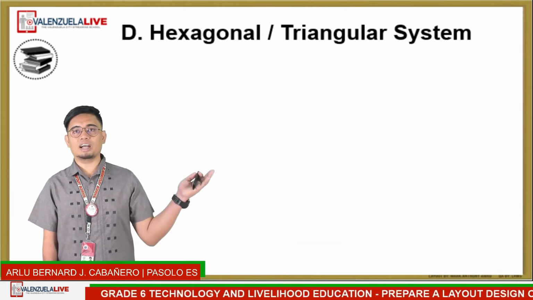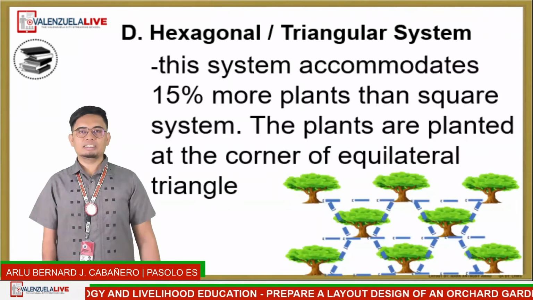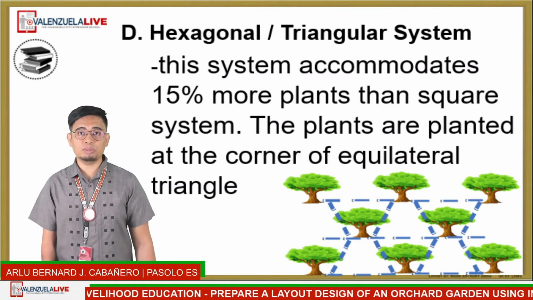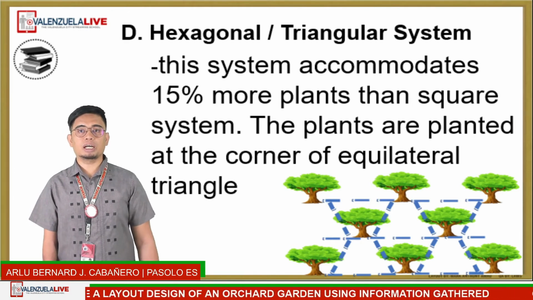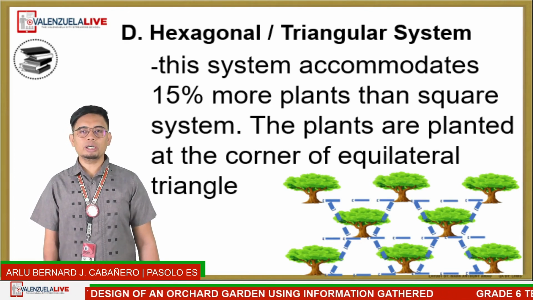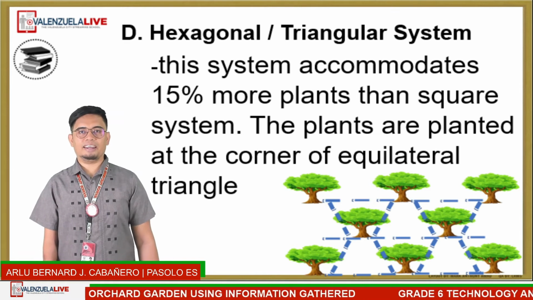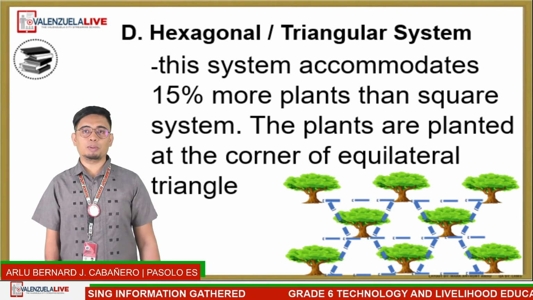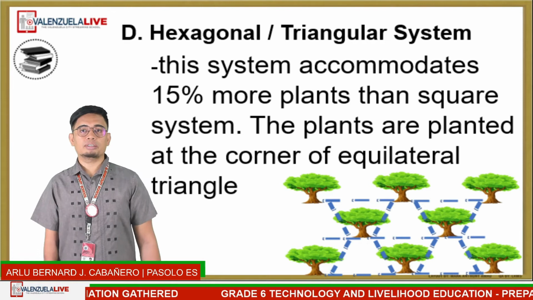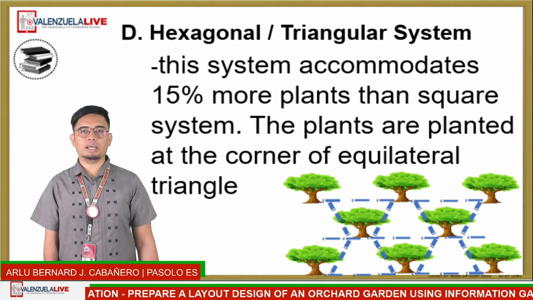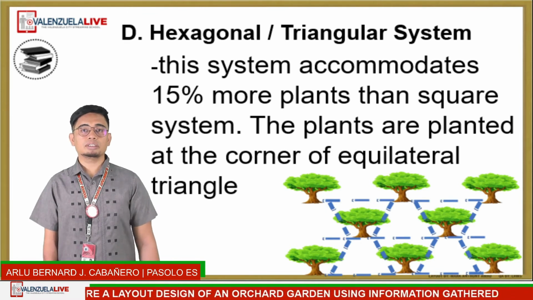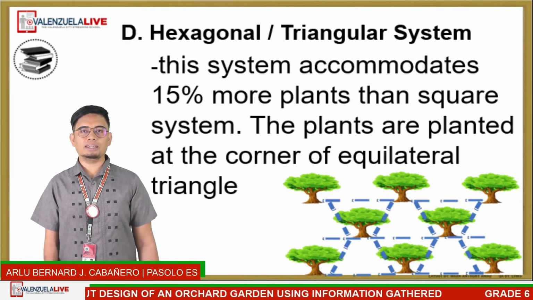Next, hexagonal or triangular system. This system accommodates 15% more plants than the square system. The plants are planted at the corners of an equilateral triangle. Thus, 6 trees are planted making a hexagon, and 1 tree is planted at the center.